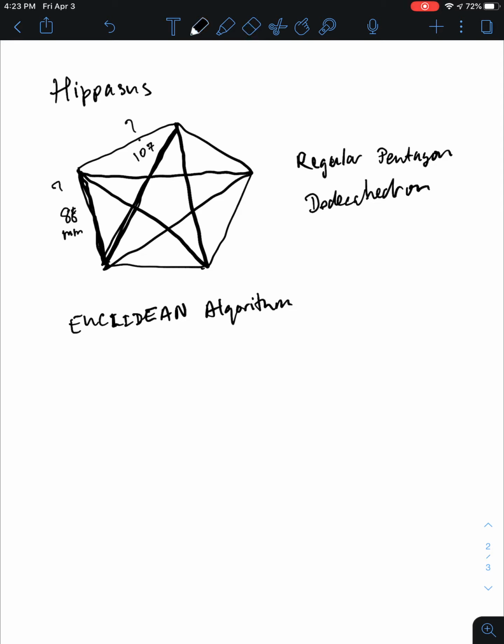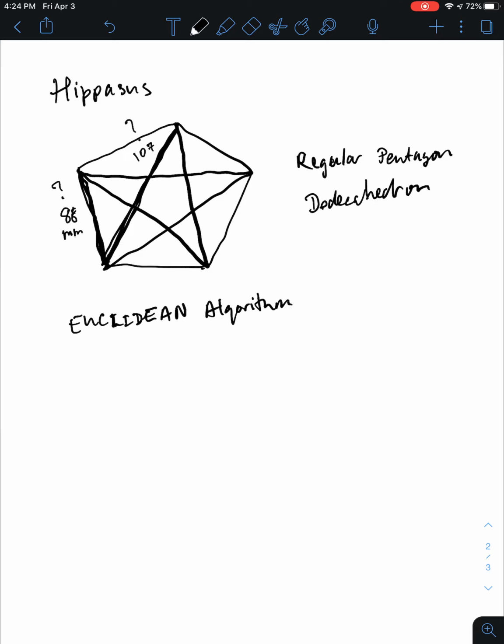Well, we don't know, but we're just going to explore this and try to find the common measure. And because the Pythagoreans believed all numbers were rational, it would make sense that the common measure exists. All right, so let's apply the Euclidean algorithm to this figure.